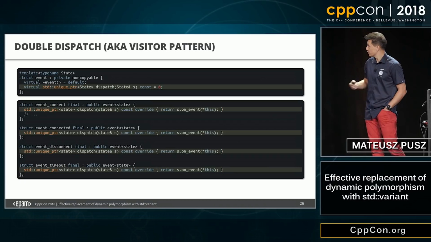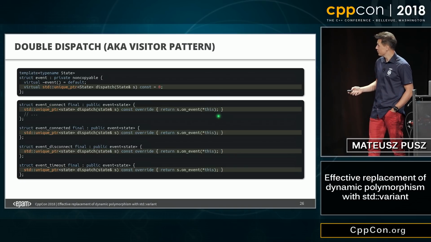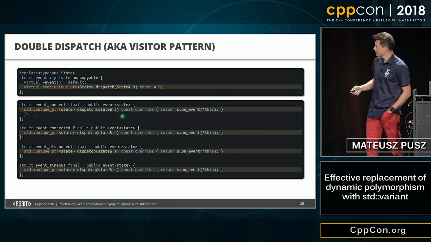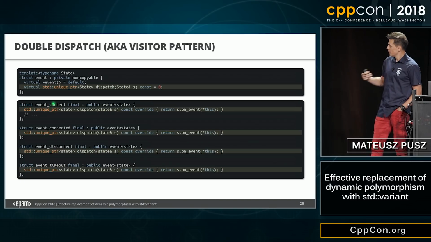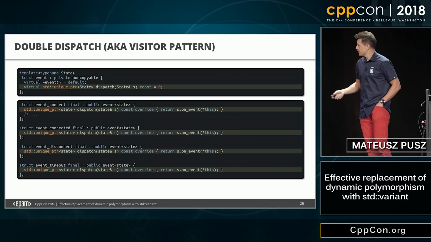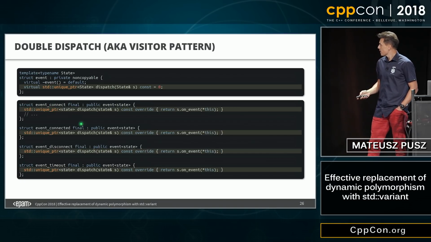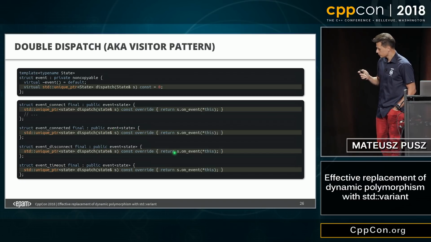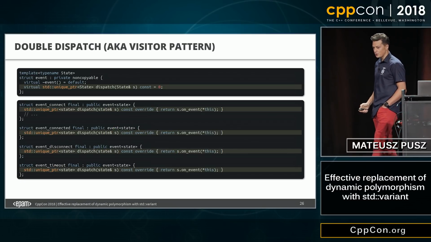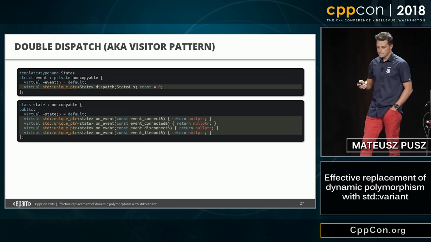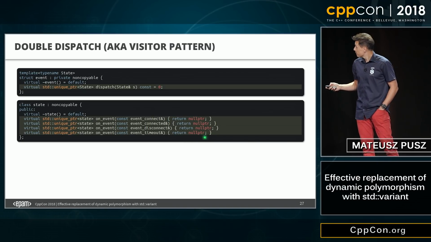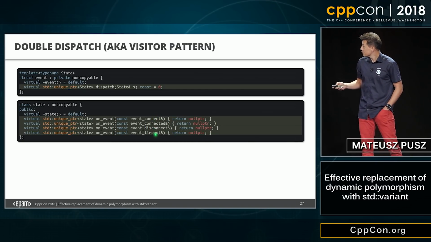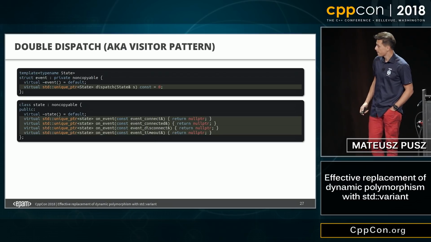So we call the second dispatch, providing the current object with the current type, already being the specific type, not the base type, to states. With that, our state has to have a different interface. It has to be overloaded on all the events we have in our system.